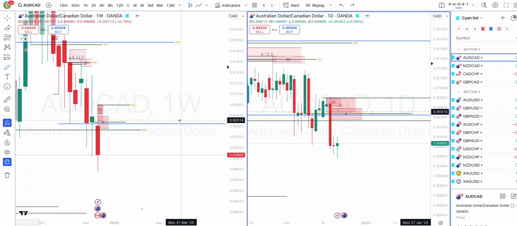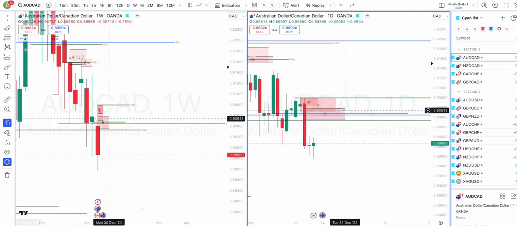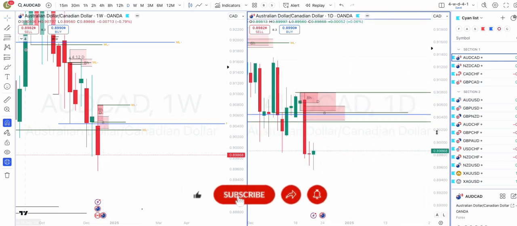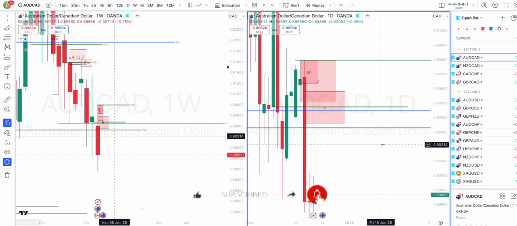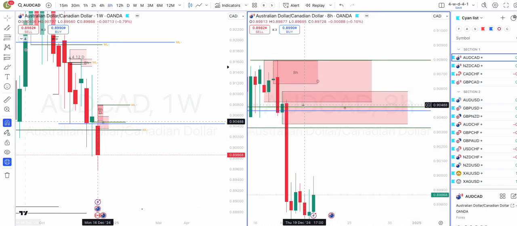But there is an area which I really, really like, this daily area, right? So not even this 8 hour. So I had this 8 hour. Let me show you the 8 hour. This block is so beautiful, right? And there's this perfect block here.